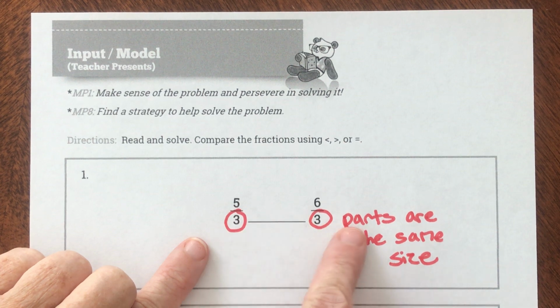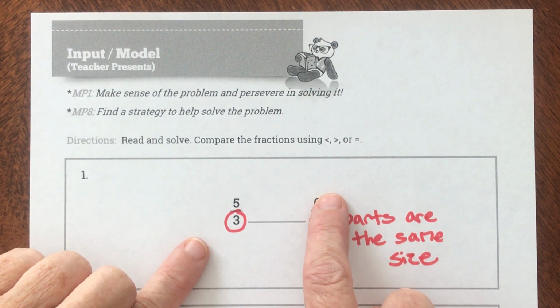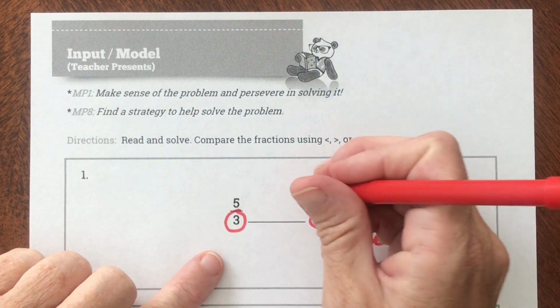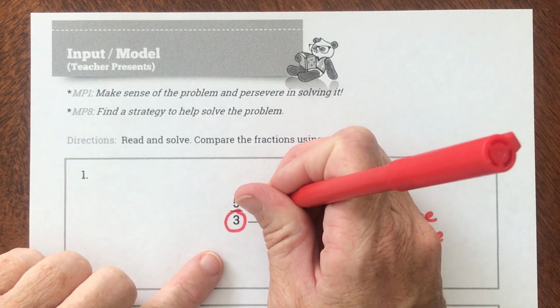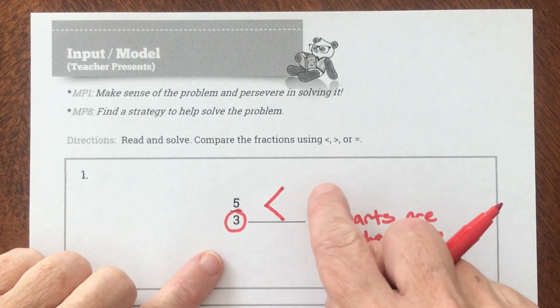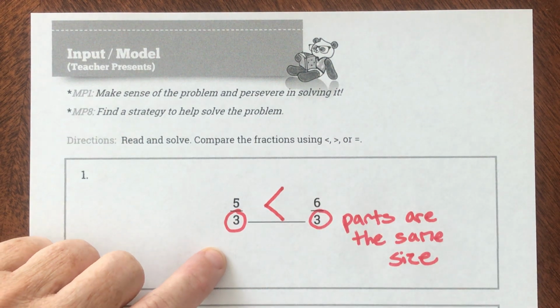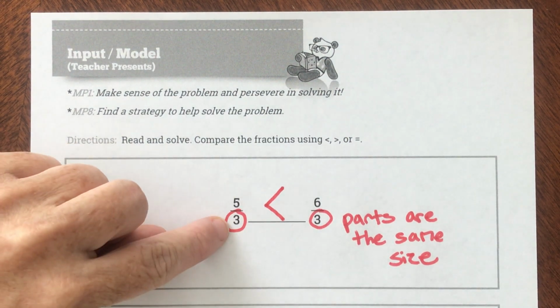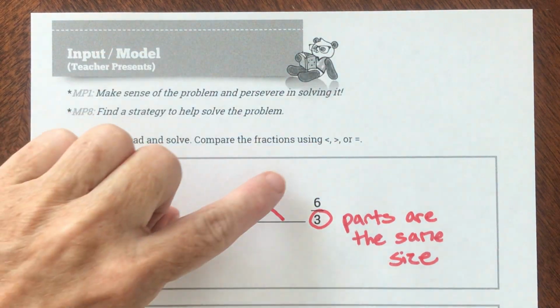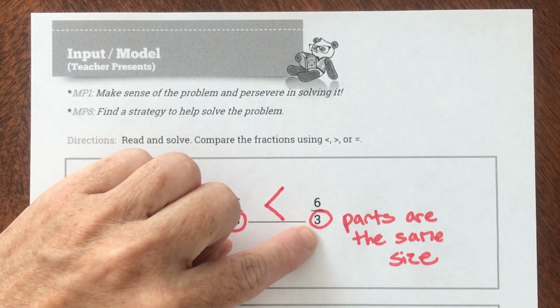Because the slices of the pizza would be the same size, but this person has 6 of them, and this one only has 5. So this one is going to be the larger one. So I'm going to grab the bigger one. And then this says 5/3 is, that looks like my L, so it's less than 6/3.